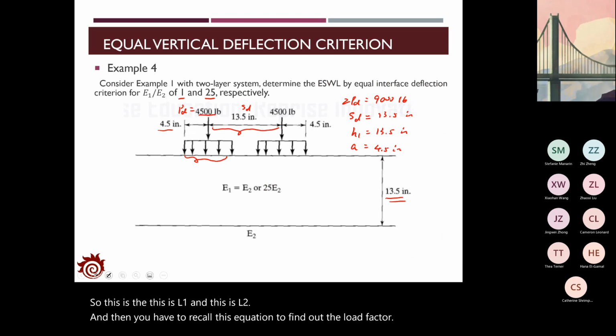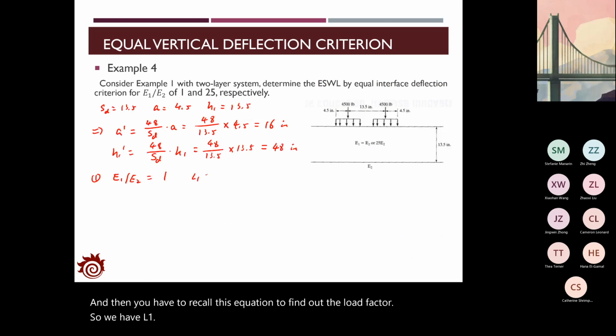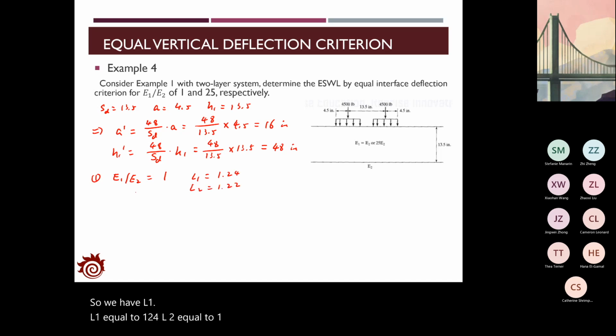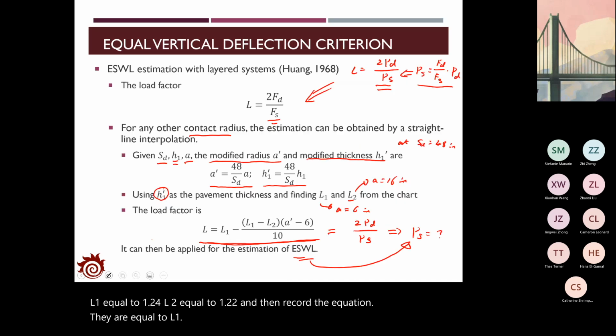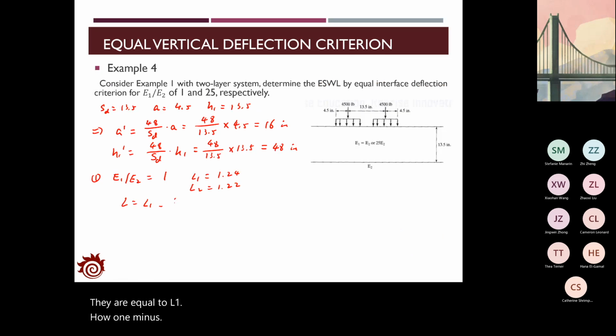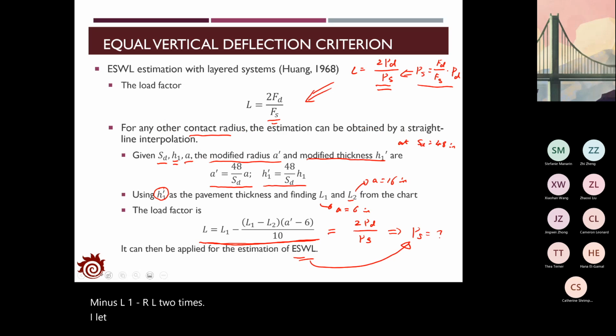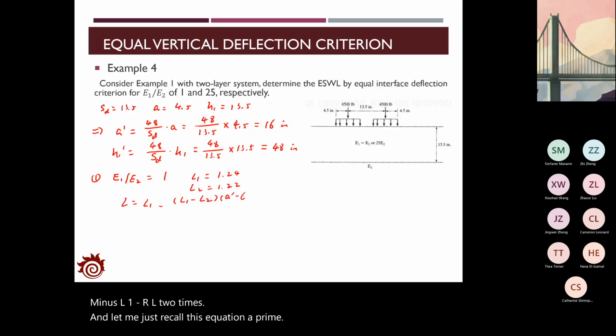So we have L1 equal to 1.24, L2 equal to 1.22, and then recall the equation L equal to L1 minus L1 minus L2 times, let me just recall this equation, A prime minus 6 divided by 10.